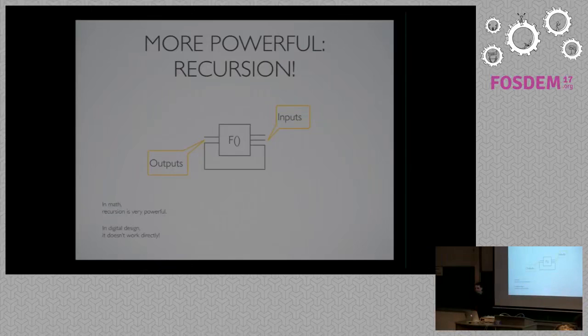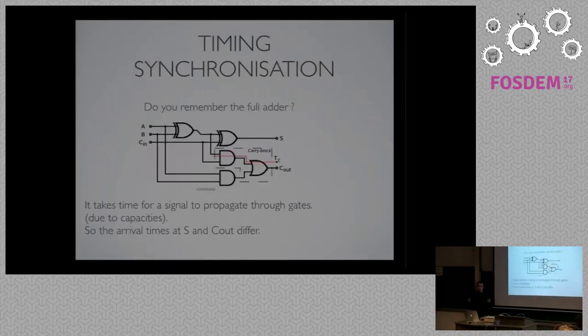The reason is that hardware is not only about logical concepts, it's also about physical concepts like propagation time. If you come back to the full adder, there are 3 inputs, and each time there is a gate, it takes time to compute the output because there is some hidden capacitance in the design.